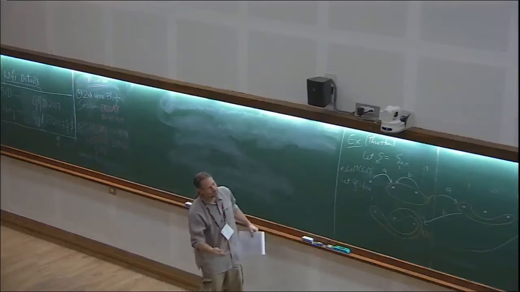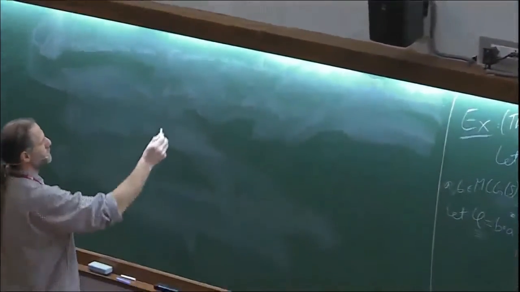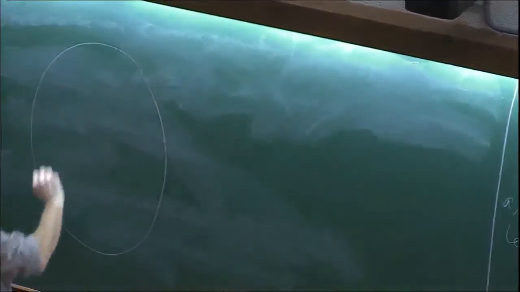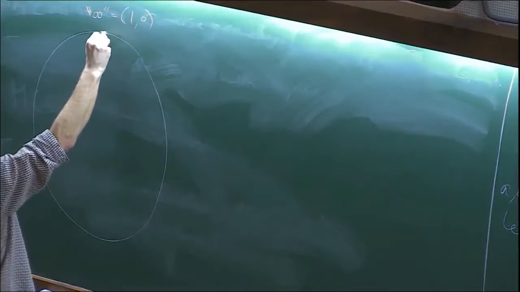Okay, so we said we would parameterize the set of vertices by the rational numbers. So let's think of the rational numbers as sitting on a circle. Okay, so there's my circle, and I wanted to put at the top of the circle infinity, which is equal to 1 over 0. That's some vertex.